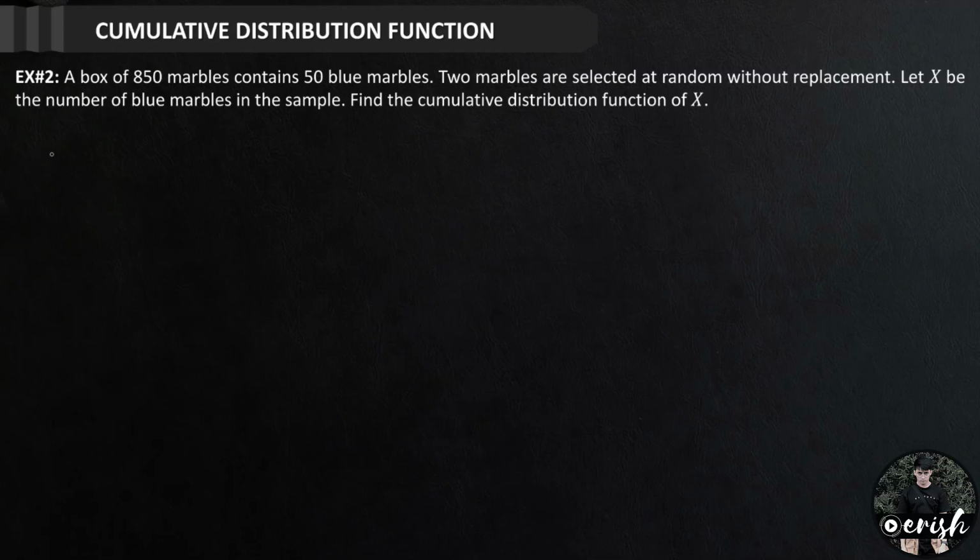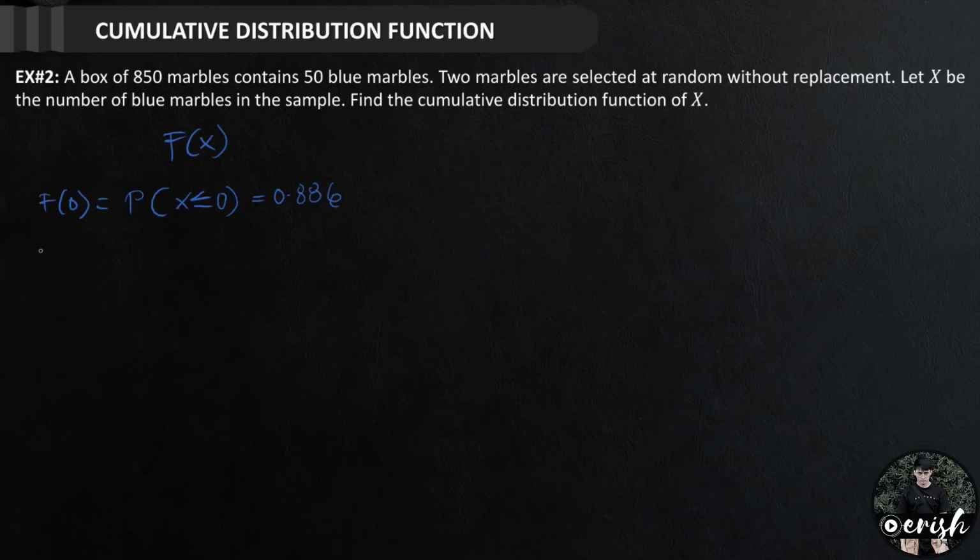For f of 0, again, our cumulative distribution function is f of x, the capital F. For f of 0, this is P of x less than or equal to 0, and this is equal to 0.886, the first probability in our probability distribution.